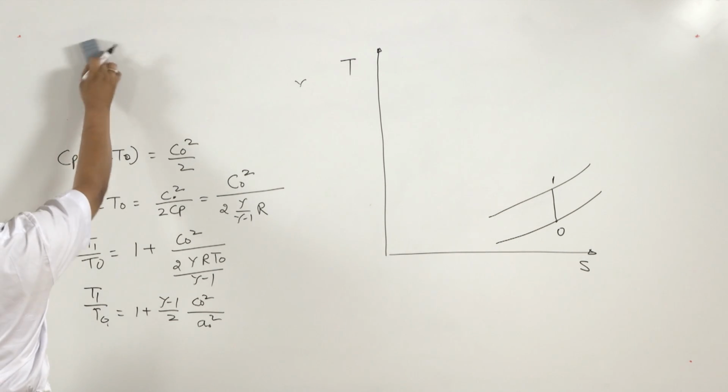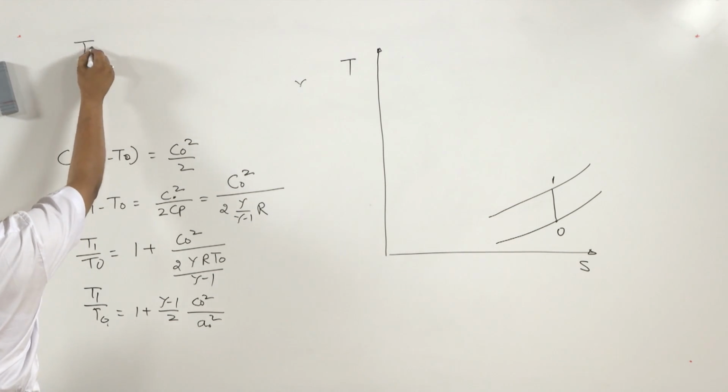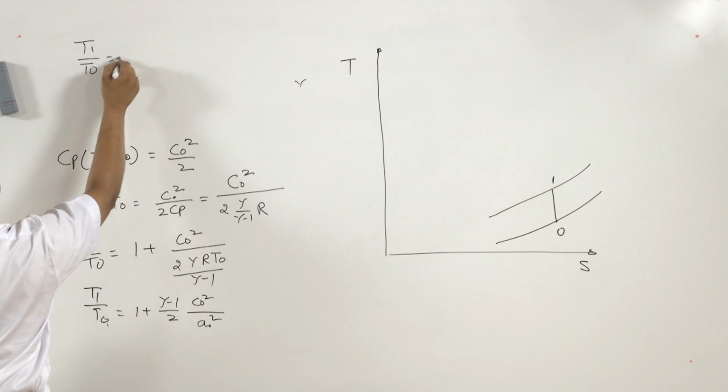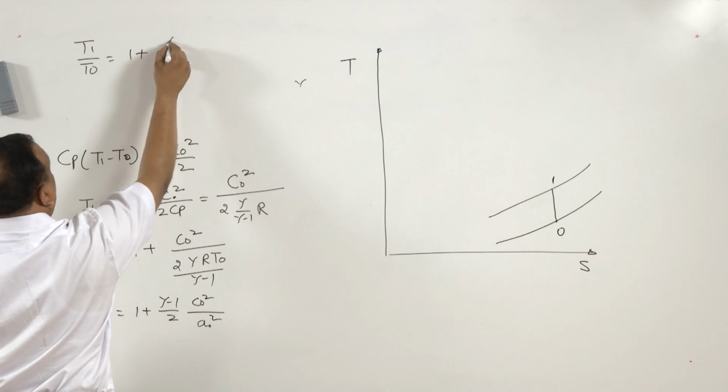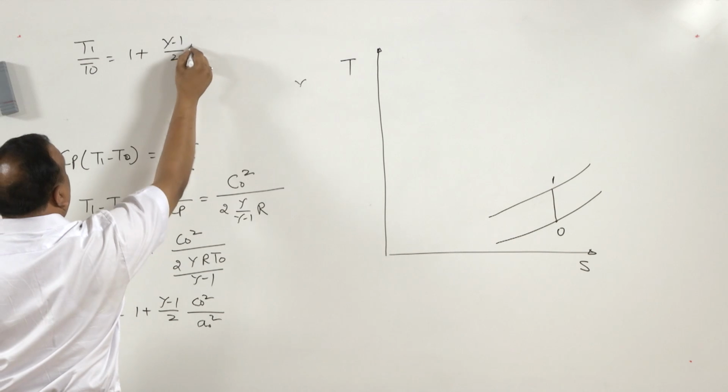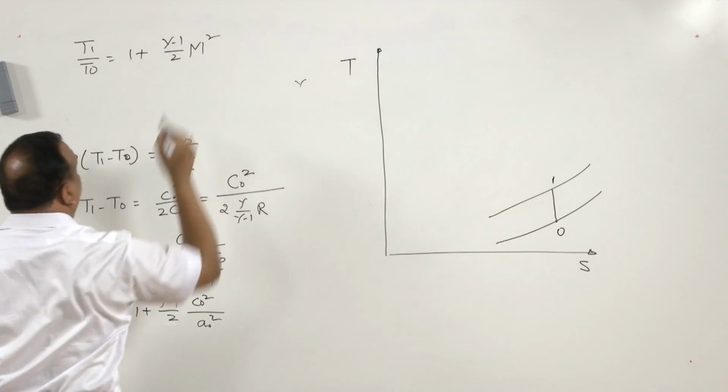So here also T1 by T0 is equal to 1 plus gamma minus 1 by 2 M square.